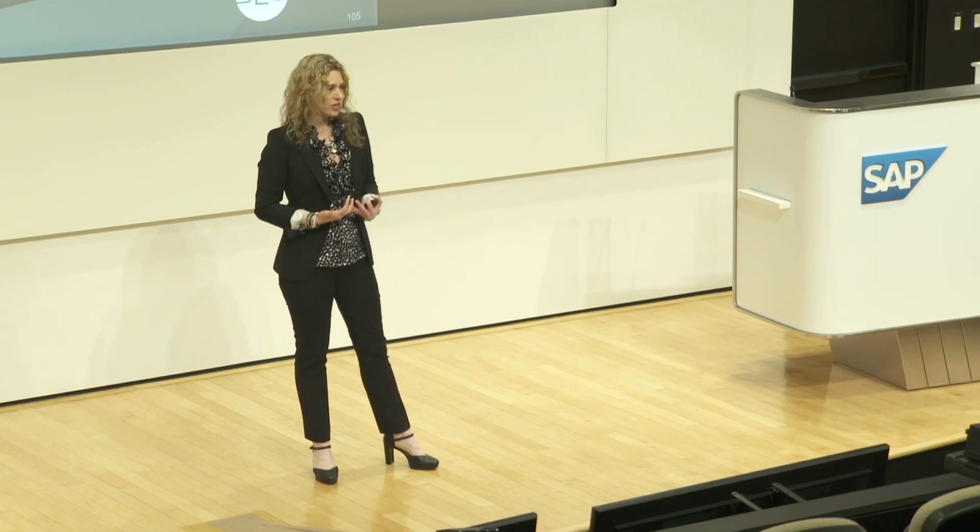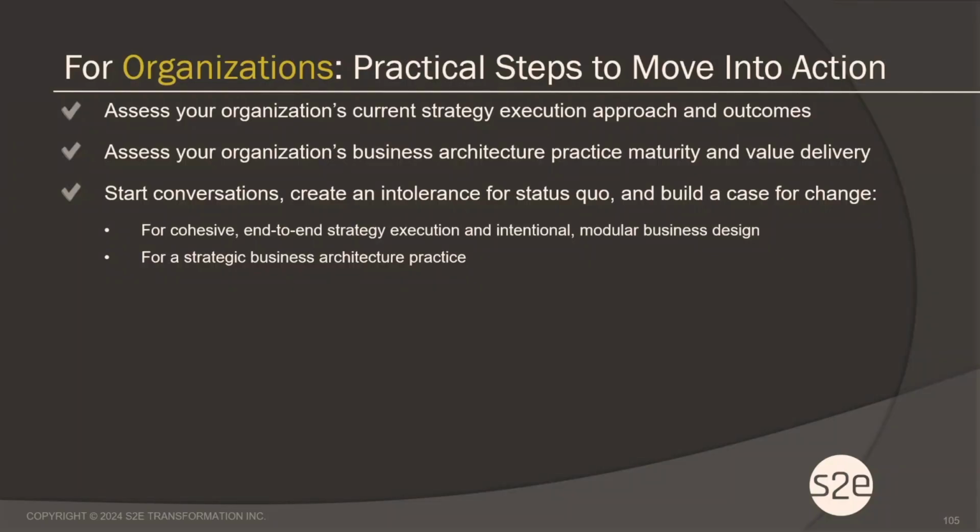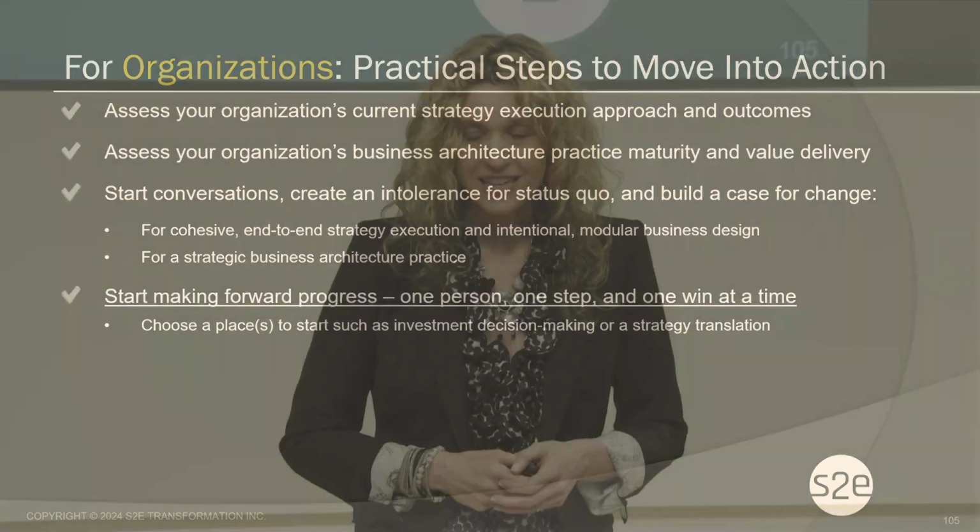Around business architecture as a strategic enabler and around strategy to execution as an overall concept, remember, one person, one step, one win at a time. So start conversations. Create intolerance for status quo. Paint pictures around the art of the possible. Build a case for change around both of those things. And then you just start making progress.